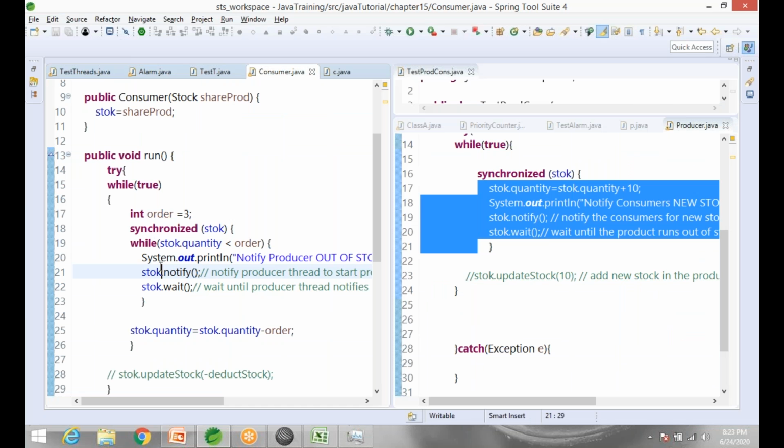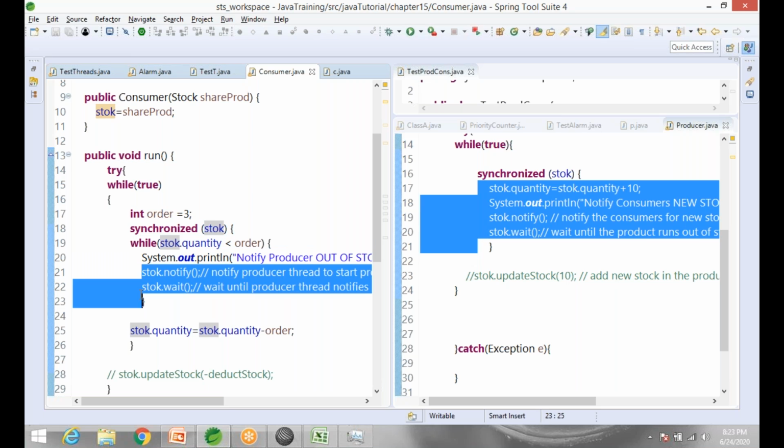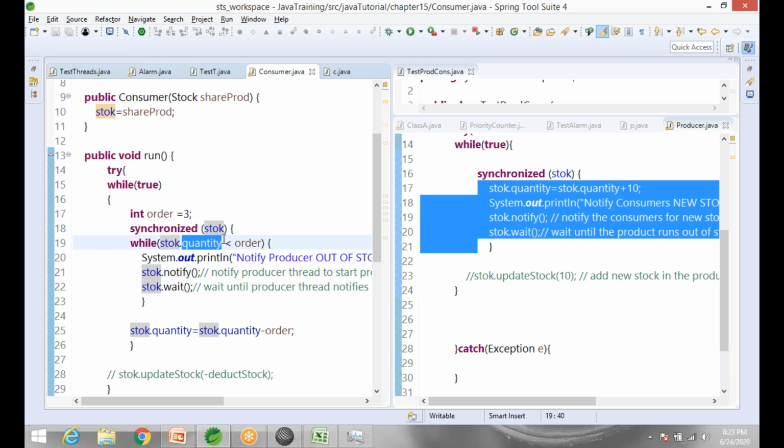The same code goes here. In an infinite loop, you will check if your order is less than the available quantity. If it is not, then you notify and wait. If there is enough quantity, then you just deduct that from your quantity.